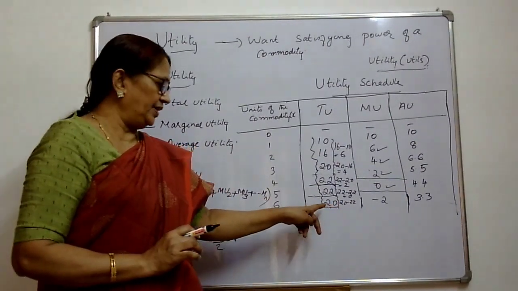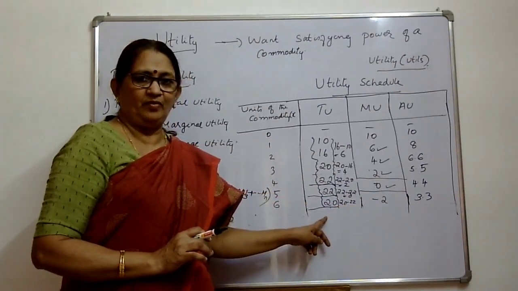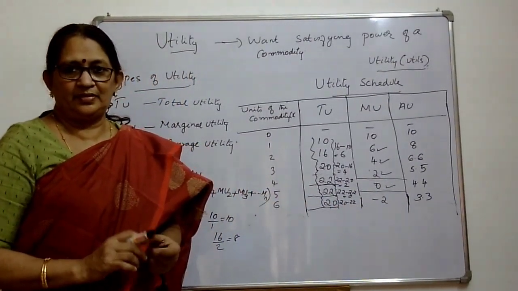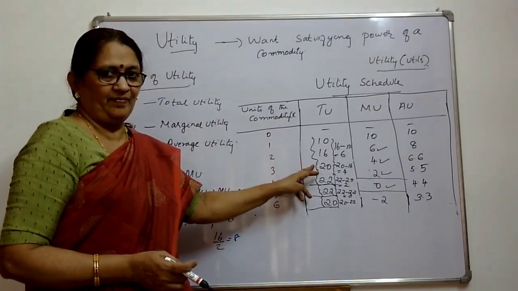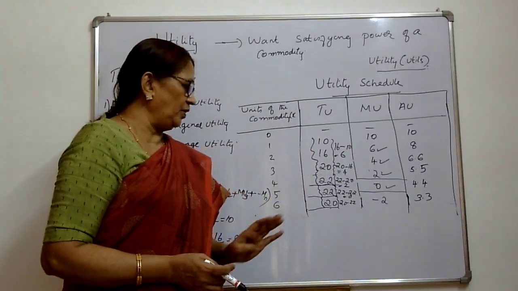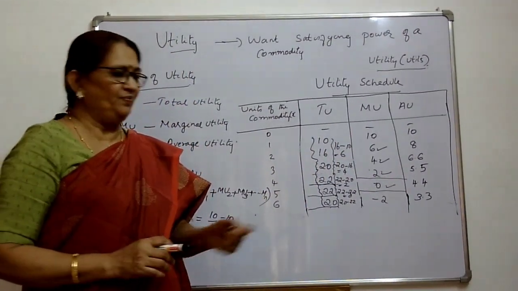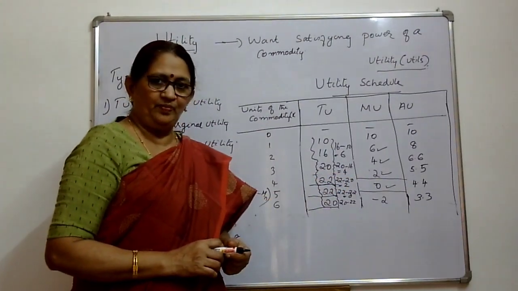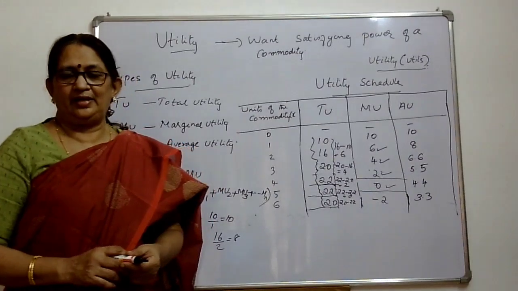Beyond that, what is happening? Marginal utility negative, total utility falls. And vice versa. Total utility rises, marginal utility remains positive; total utility is constant and maximum, marginal utility 0; total utility declines, marginal utility is negative.